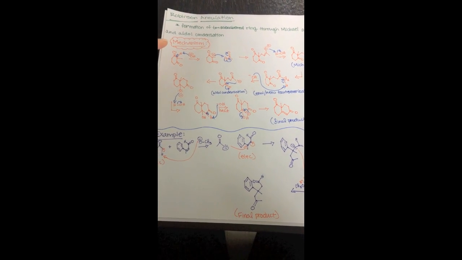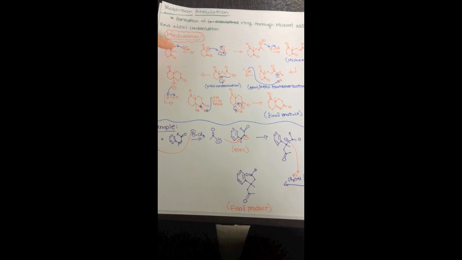The last section of chemactivity 37 that we're going to talk about is the Robinson annulation, which is basically the formation of a ring through Michael addition and aldol condensation. So the mechanism is right here. The base pulls off the acidic hydrogen, and the electrons from that bond fall back onto that carbon.